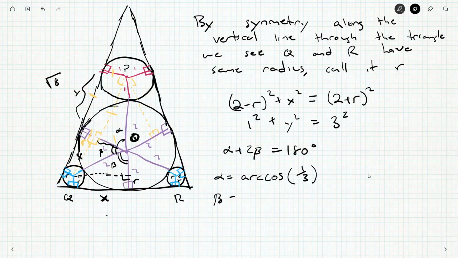So beta is going to be 180 minus arc cos 1 over 3, all over 2.